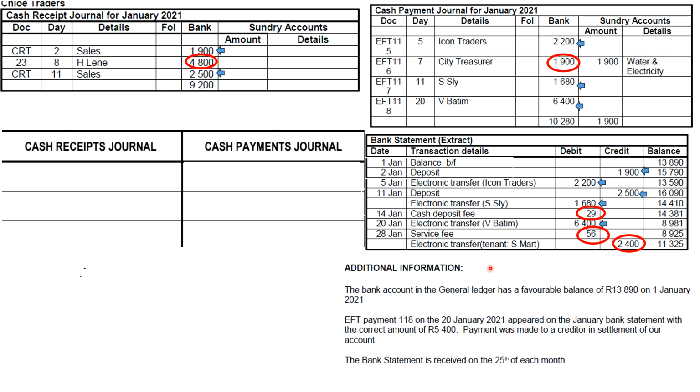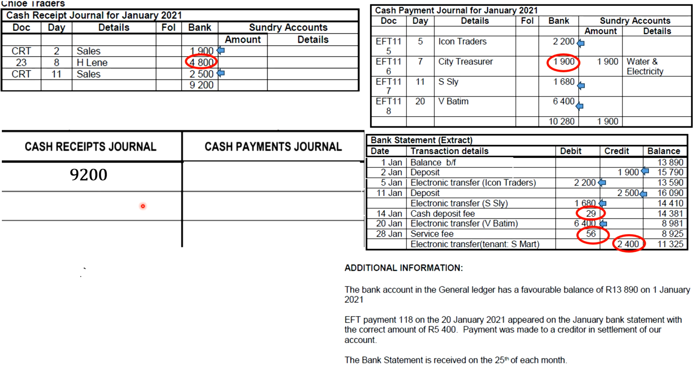So now let's focus on fixing the amounts that we omitted. The first thing we're going to do is record the totals, because the totals for our CRJ and our CPJ are our opening balances. Those are our balances brought down. So we're going to start by recording the total for our CRJ, which is the 9,200. We're going to record it in our CRJ, 9,200.